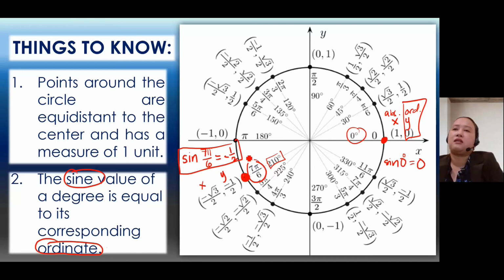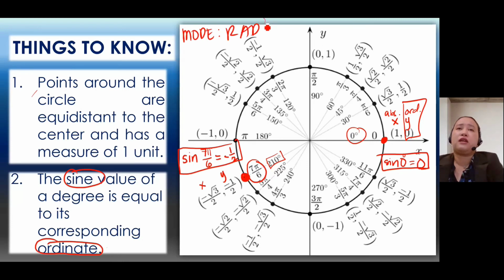Why is it? Well, you can actually check this in your calculator. But when you check this in your calculator, with the angle in radians, you have to make sure that the mode of your calculator is in rad. Then you can input sine 7 pi over 6. So change the mode of your calculator. You have to practice using your calculator, how to change the mode.